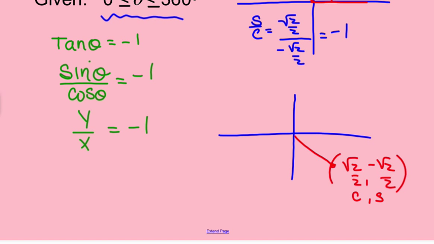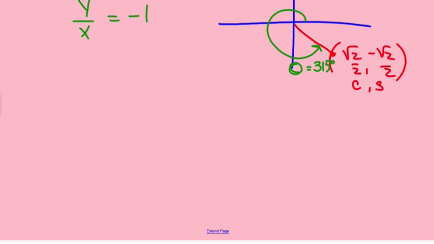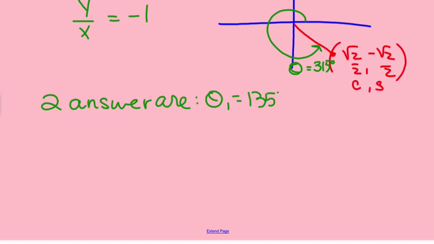So that angle from here wrapping around to there, that theta is 315 degrees. So your two answers are theta 1, which is 135 degrees, and theta 2, which is 315 degrees.